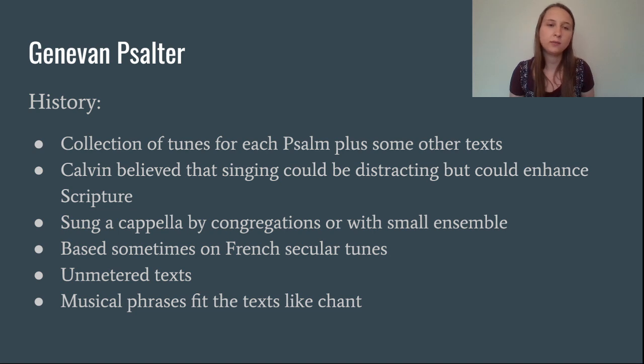These were sung predominantly a cappella by the congregations, or maybe with a small ensemble of chamber musicians. The tunes were likely based on French secular tunes, actually. Kind of the same thing that Luther did, pulling from secular music.